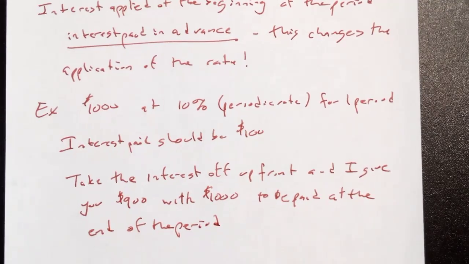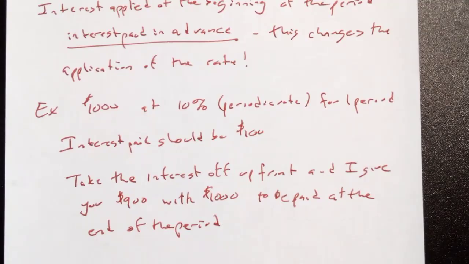You still only owe me $1,000. One period from now, whether that is a week, a month, a year, or 5 years, you owe me $1,000. I will have earned 10%. I will have made $100.